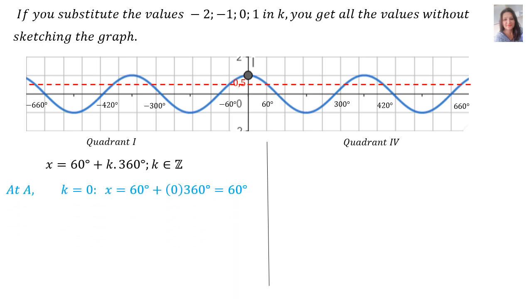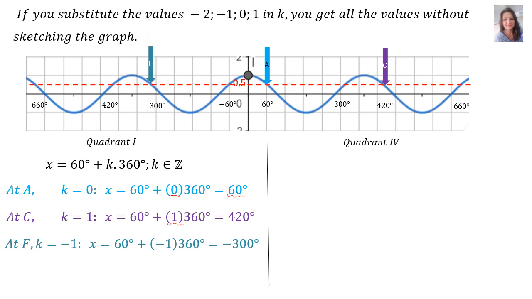Now, when we substitute k is equal to 0 into that general solution, we get x is 60 plus 0 times 360, and then your solution is just 60, and that is at A. At C, when we substitute k is equal to 1, we get 60 plus 1 times 360, the solution 420 degrees.